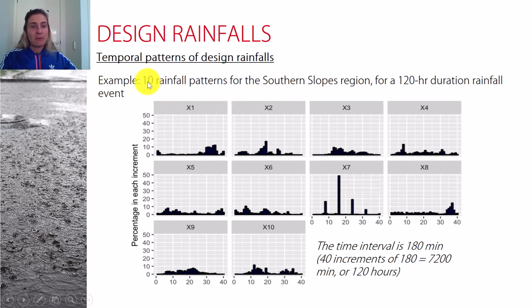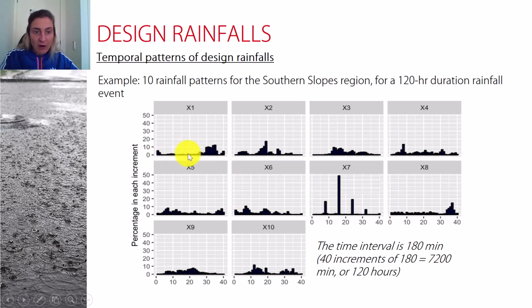This is an example of the 10 rainfall patterns for the Southern Slopes region for 120-hour duration rainfall events. Okay, so we have 40 intervals in which each interval is 180 minutes. So the total is 7,200 minutes, which is equal to 120 hours.